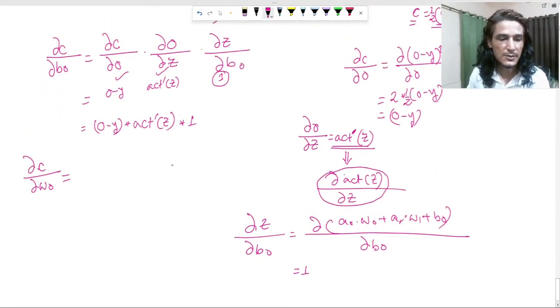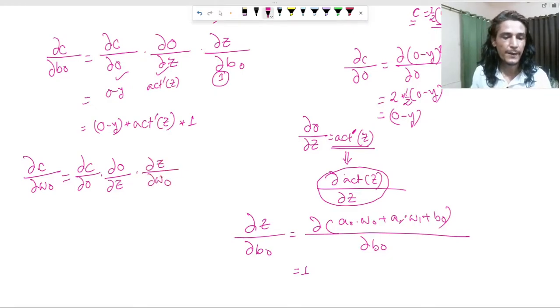Same thing. We just write the chain rule first. The rate of change of cost with respect to O, because C directly depends on O, so we can write it. Then the rate of change of O with respect to z, how much the output changes with respect to z, and then how much this z changes with respect to w0. And see that z depends on w0, O depends on z, C depends on O directly, so we can directly write their expressions.